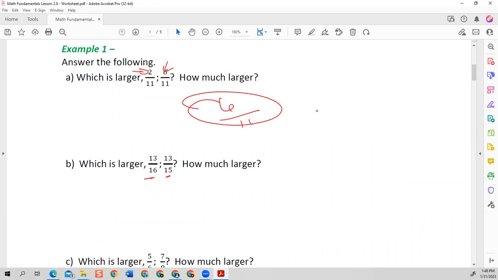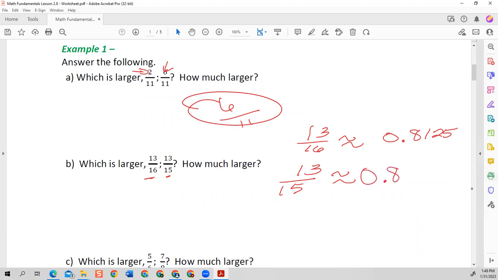So what if I said 13 divided by 16 and I write it in decimal form? I know that 13/16ths gives me 0.8125. If I take 13/15ths and divide it, it's going to give me a decimal number of, I'm going to round, 0.867.